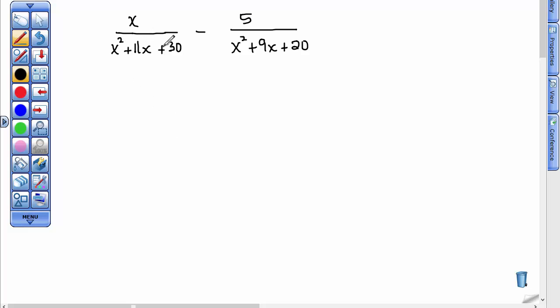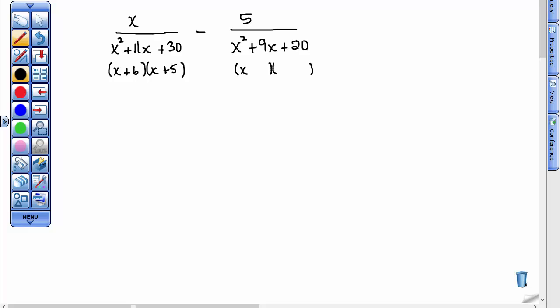So this denominator is a trinomial, and because the two numbers whose product is 30, 6 and 5, add to be 11, the factored form of that denominator is x plus 6 and x plus 5. Over here, this trinomial can be factored.